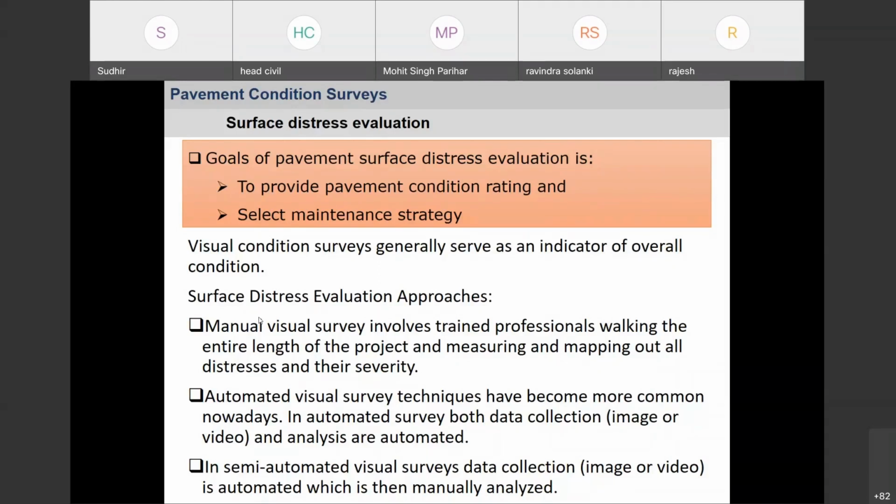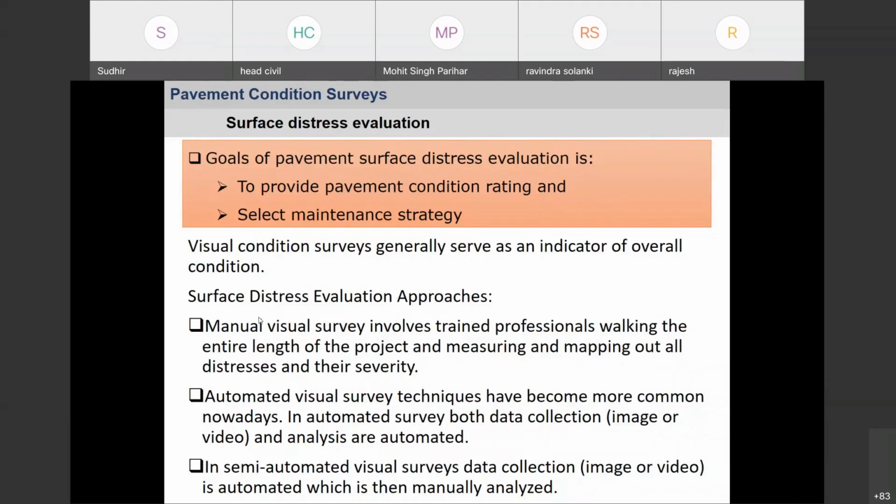You are walking over the entire length of the project, and as you are walking, you are measuring with a measuring tape or any other tool that you have for physically measuring the distresses present on the project length.